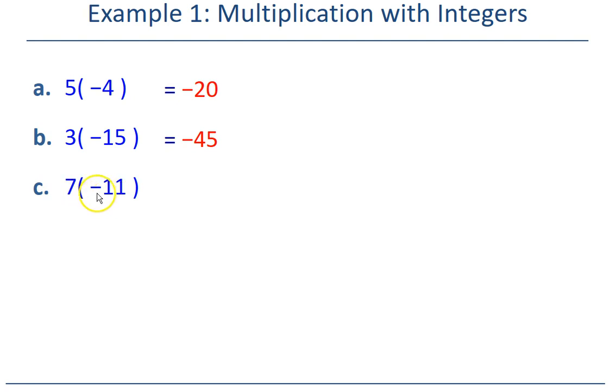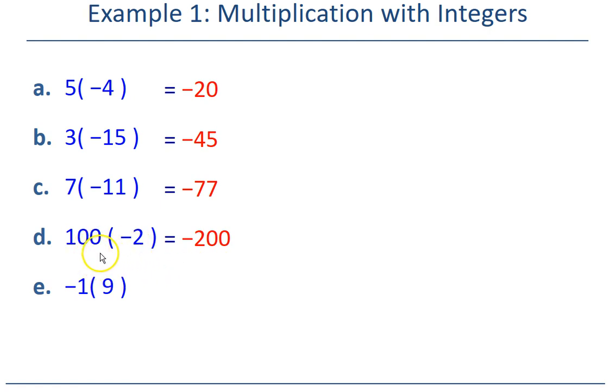Again, a negative times a positive gives you a negative 77. And some of these you may be able to say them before I do. A negative times a positive, negative 200.